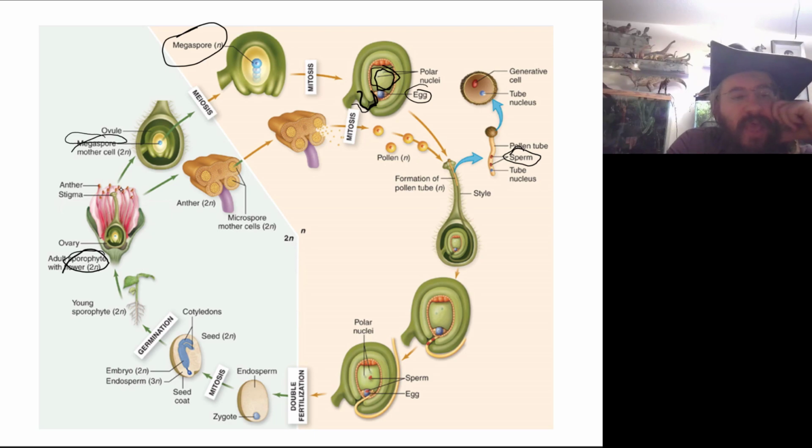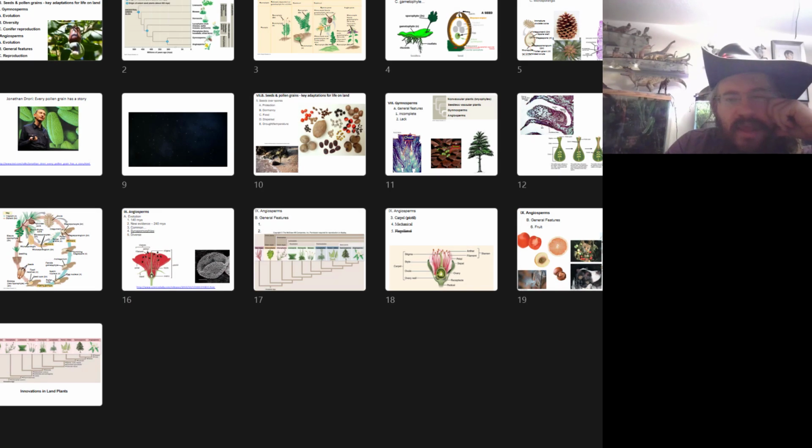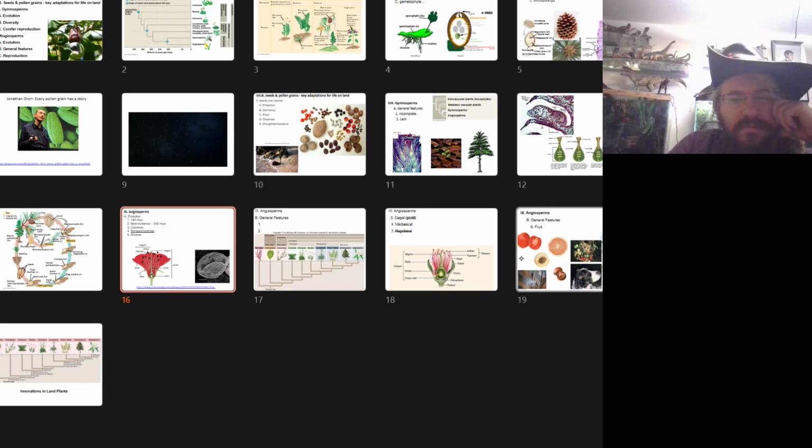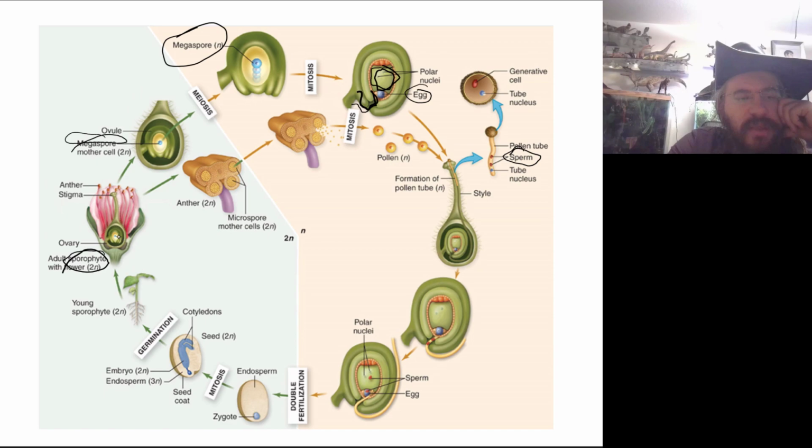Right here, we have the pistil with the ovary completely enclosing the ovule, the filament, or not the filament, the... brain fart, complete and total. The style, ovary, completely enclosing ovule.